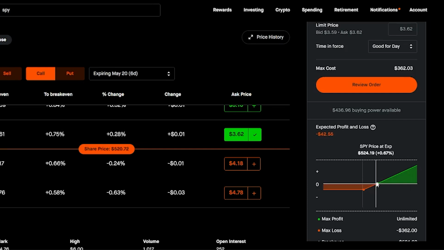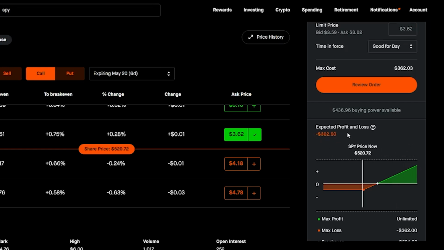If it goes to 526, you're up $213. If it goes to 528, you're up $413. If it goes to 530, you're up $600, as you could see there.